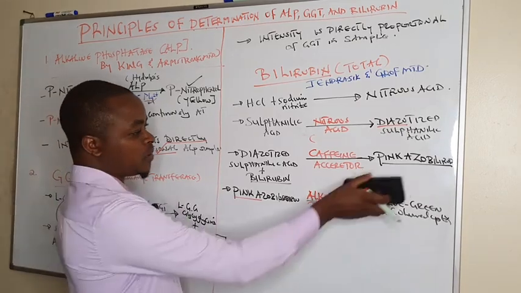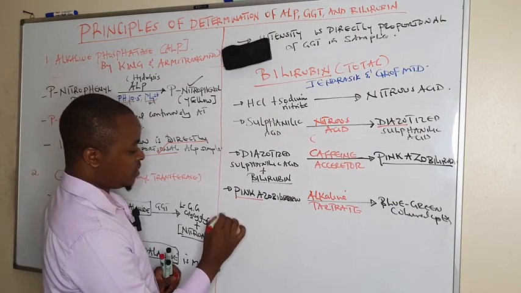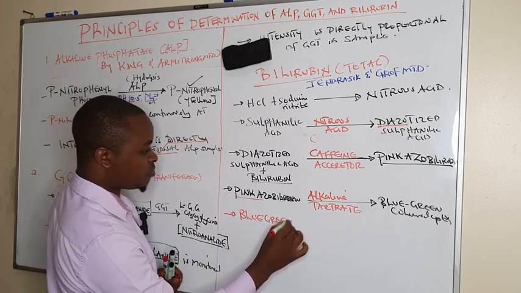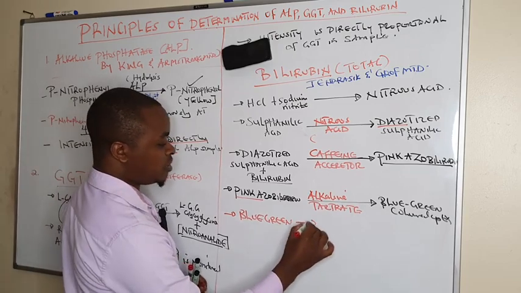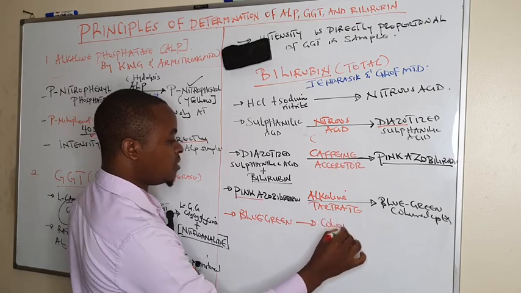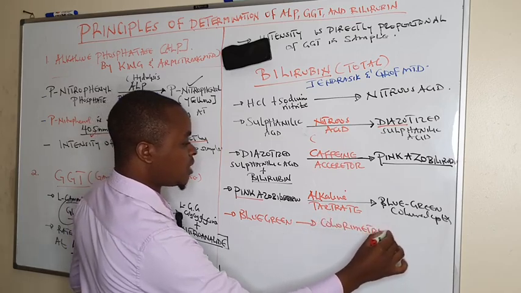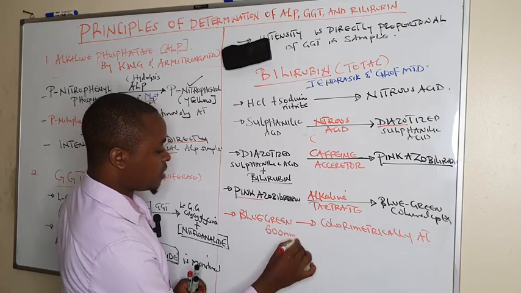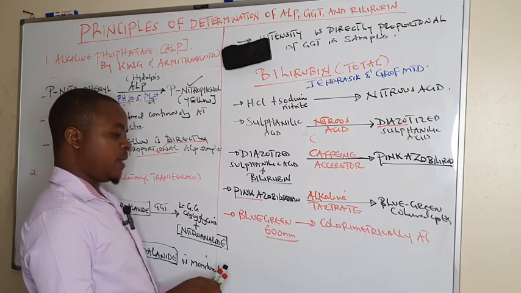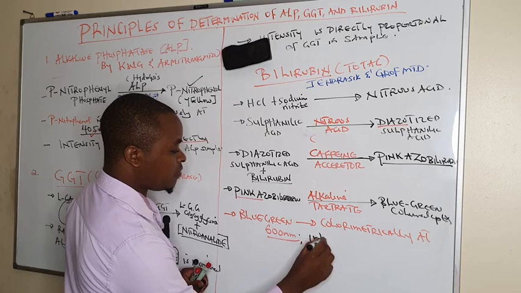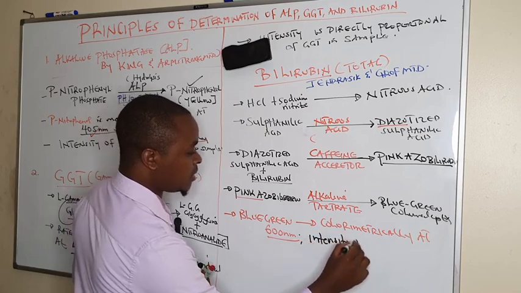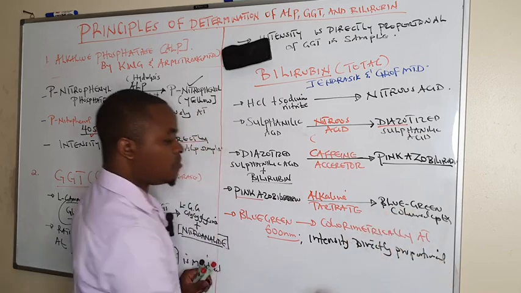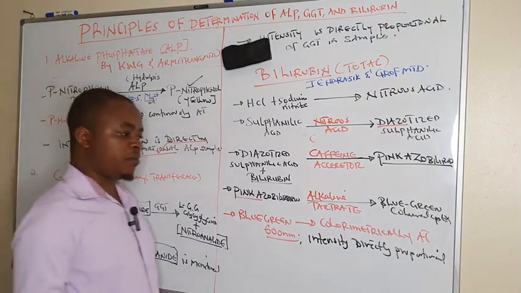And we are going to see this blue-green color, biliverdin, which is formed due to the presence of alkaline tartrate, is going to be measured colorimetrically at 600 nanometer wavelength, and the intensity of this blue-green color is directly proportional to the amount of bilirubin in the sample.